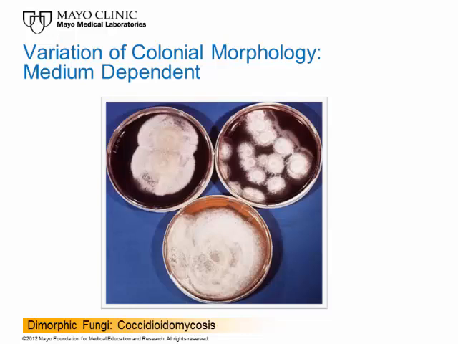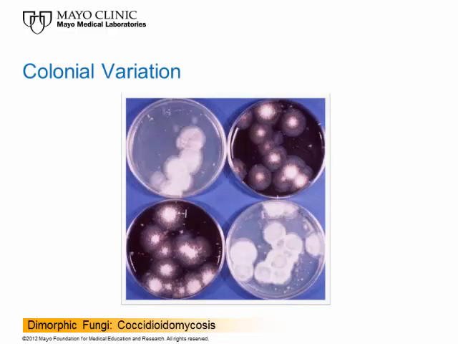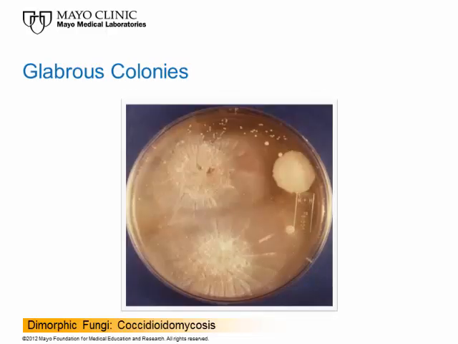They look different depending on the plate, and they're all the same isolate. This is an example of 4 different culture media, same isolate, and you can see the 2 blood-containing media look about alike, and also the 2 non-blood-containing media look a little bit alike. You have to become familiar with what these organisms look like on different culture media to be able to recognize them, or at least suspect what they are.